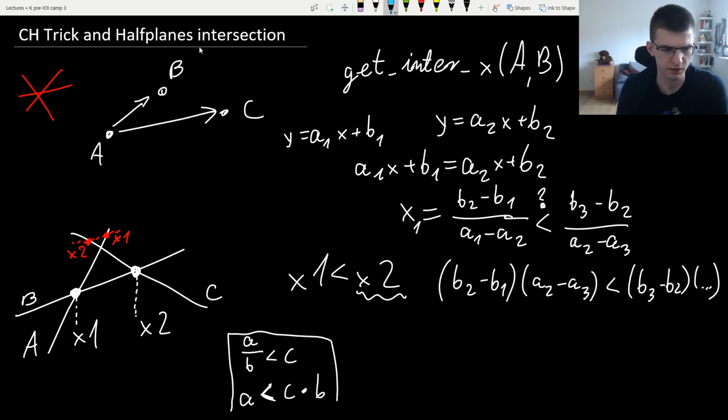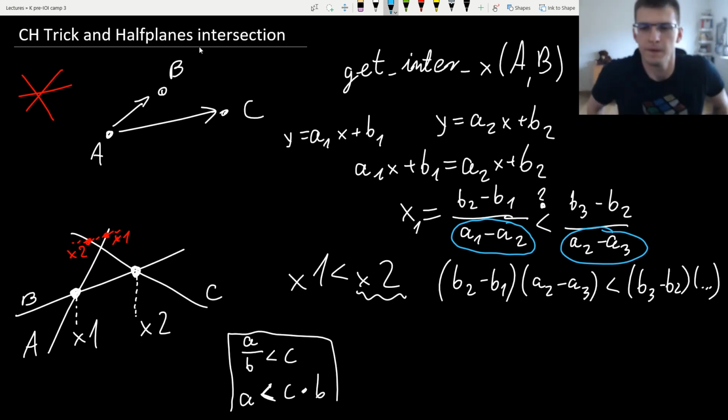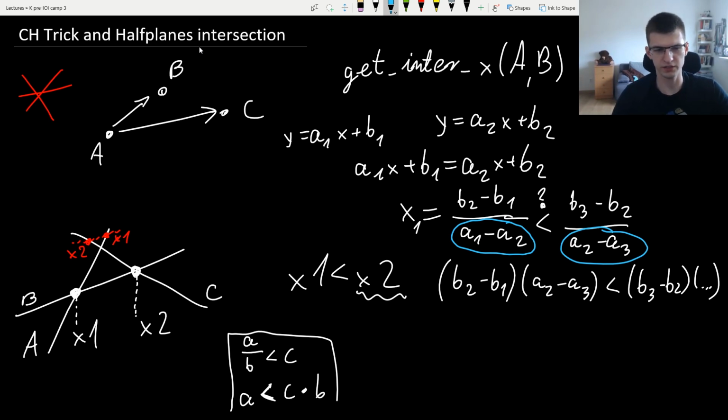But we are lucky: if we already sorted lines by slope, which we needed to do to apply the convex hull, then this thing is positive. The first line has bigger slope than the next one, and this is also positive. That's how you, with integers, find the convex hull of lines of the form ax plus b.